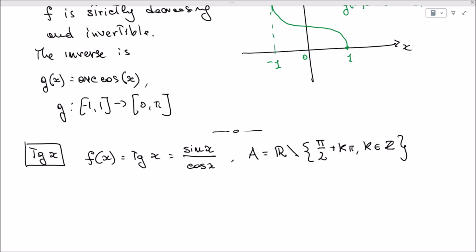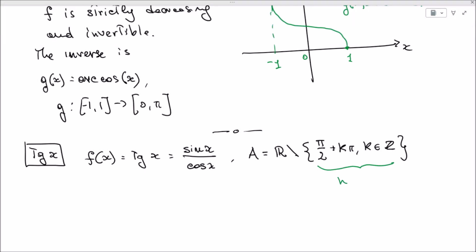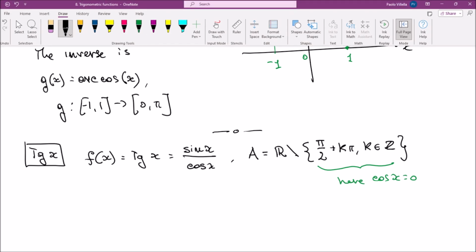In fact, at these angles cosine of x is equal to 0, so clearly tangent cannot be defined on those angles.